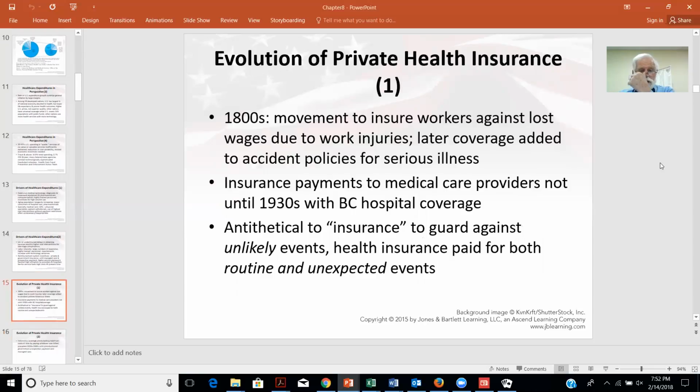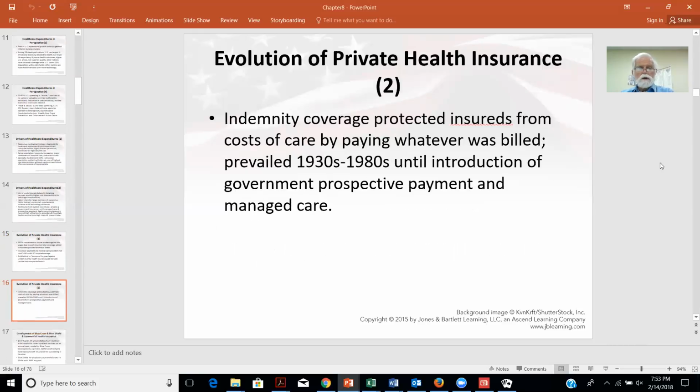The evolution of private health insurance we've talked about before. Some started in the 1800s in movements to insure workers against lost wages from injuries, and then during the Great Depression, we saw the appearance of hospital insurance. The insurance was not really to guard against things as much as to pay for routine or unexpected things.